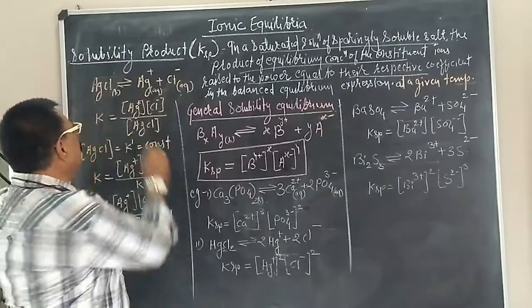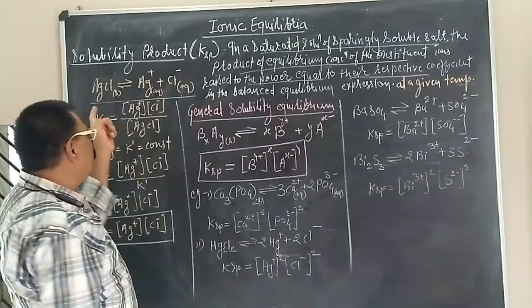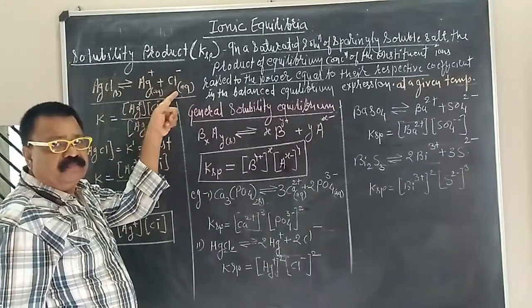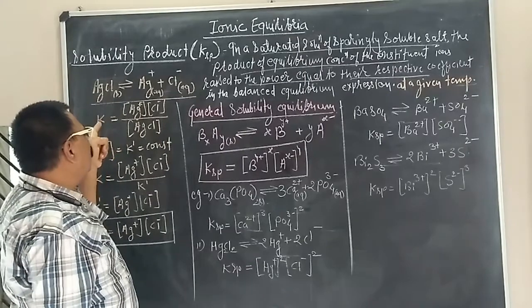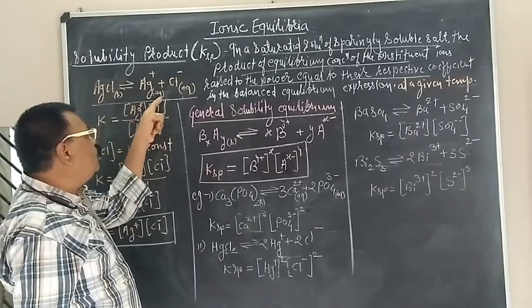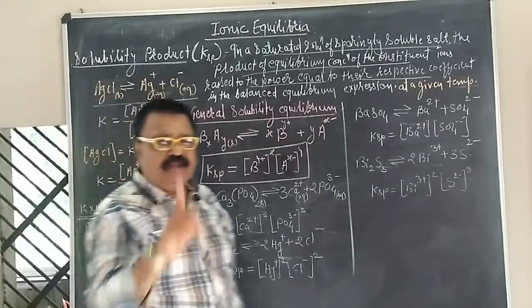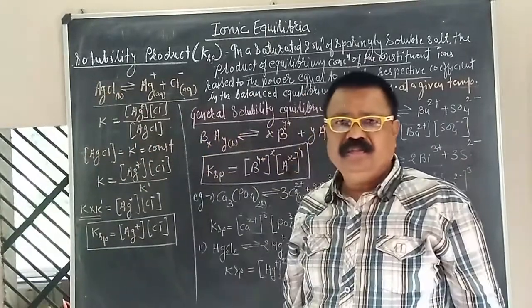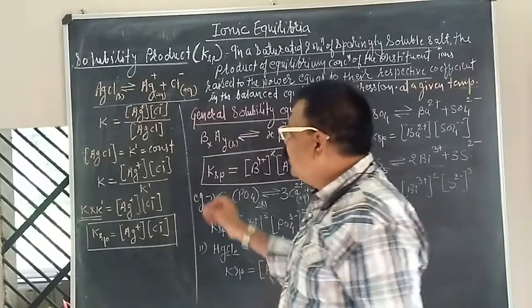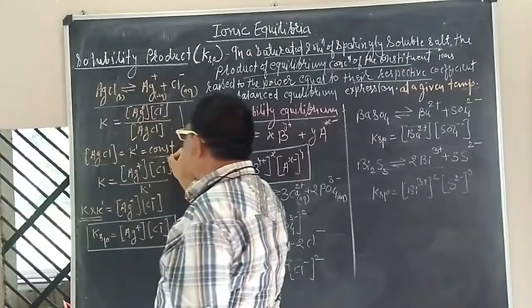the dissociation constant for this equilibrium is equal to the concentration of the silver ion times the concentration of the chloride ion divided by the concentration of the silver chloride. This is the dissociation constant. But the concentration of the silver chloride is constant.